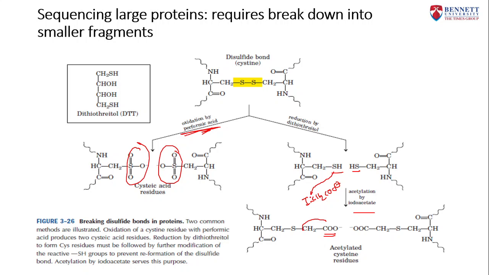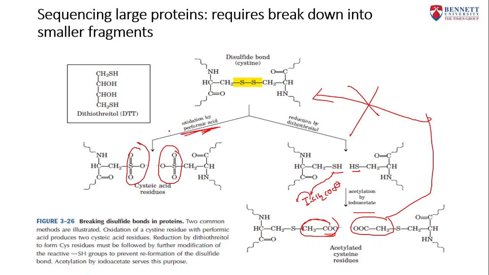The sulfur attacks here and replaces the iodine, and you get CH2CO minus groups. The idea is to not let this go back to the disulfide linkage. This should not happen, so we do something irreversible. That's how you get rid of the cysteine linkages.